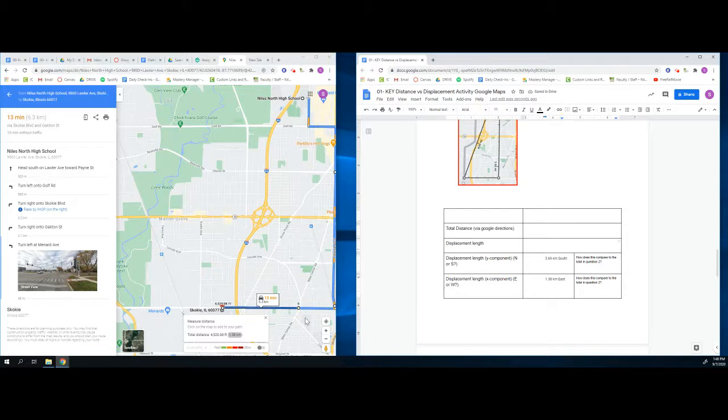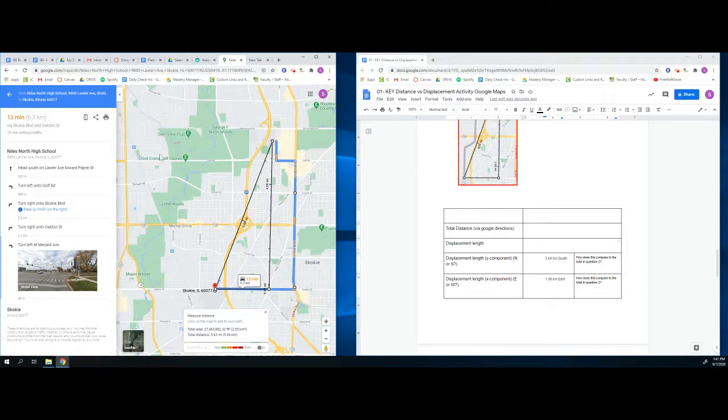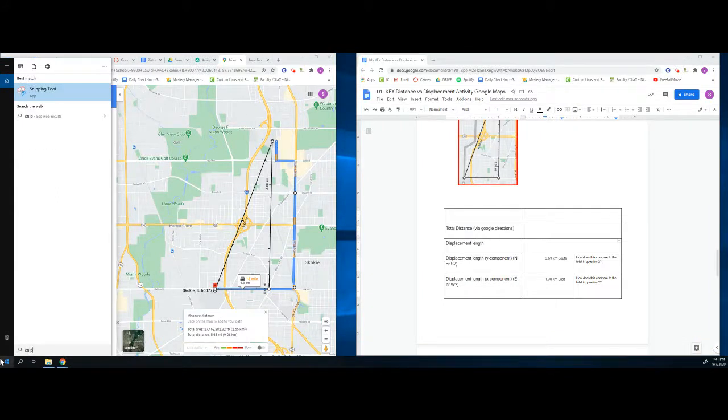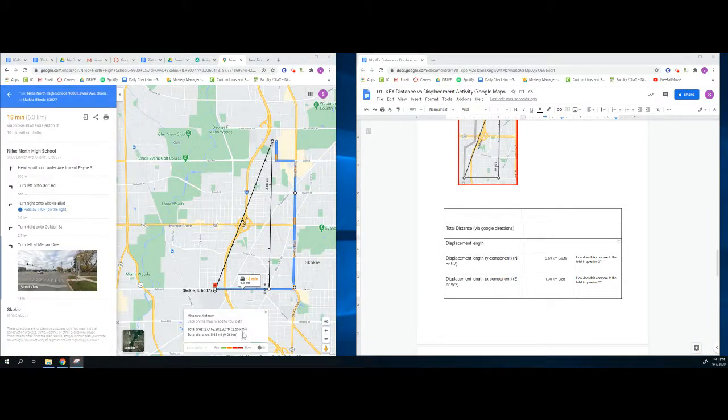Okay, and then I want to go back and do my triangle again. And I'm going to take a screenshot of this. Although actually, now that I'm thinking about this, I don't know how much value is in this step because this value is all added up.